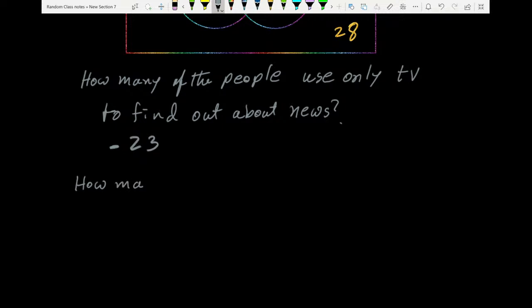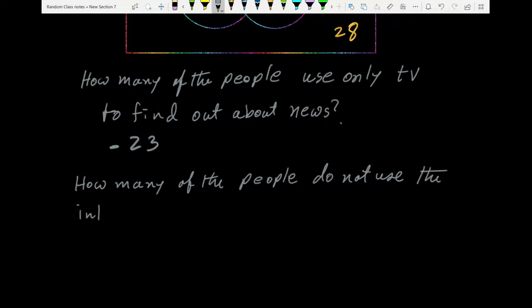How many of the people do not use the internet to find out about the news?